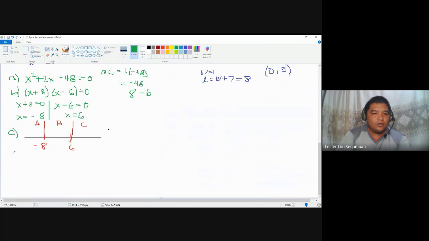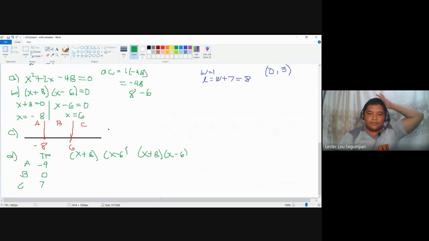Okay. So for letter D, you have A, B, and C. So your test points, it's up to you. You may use -9 if you want. You may use 0 here, and then you may use here 7. So we have x plus 8, you have x minus 6, and the product of both x plus 8 and x minus 6.